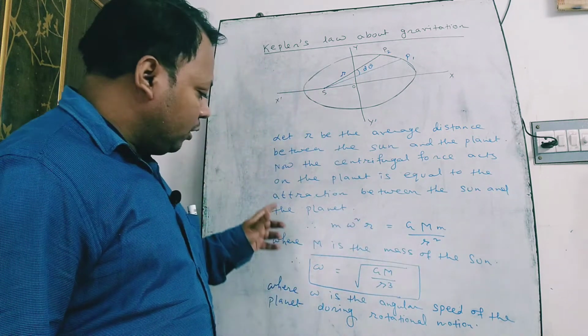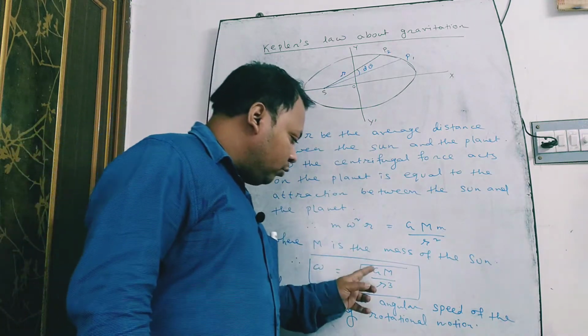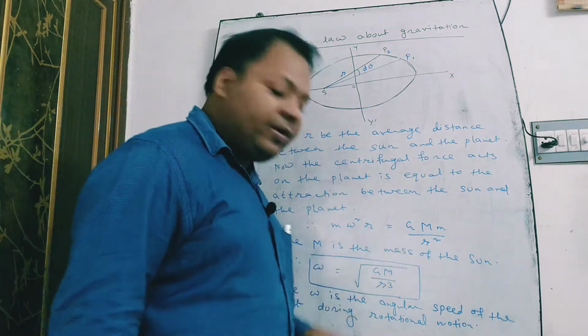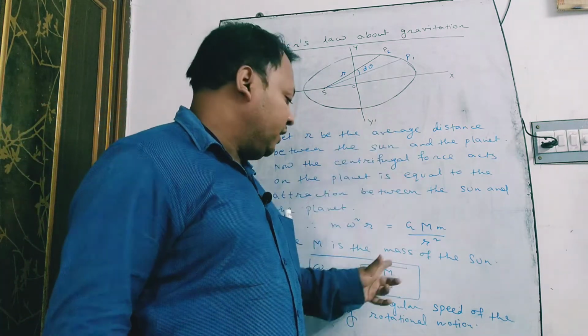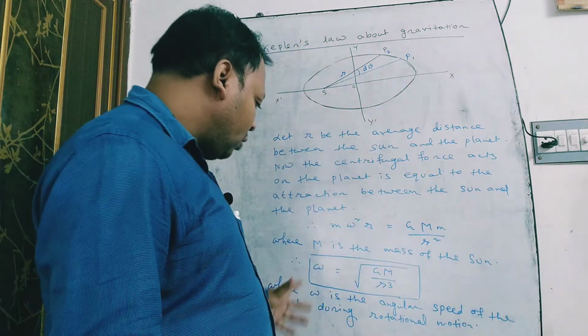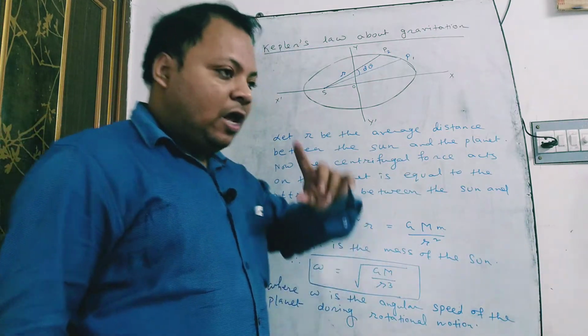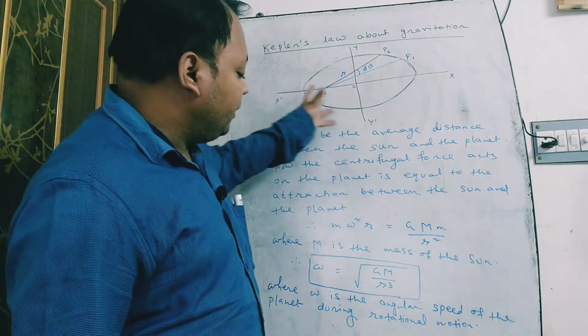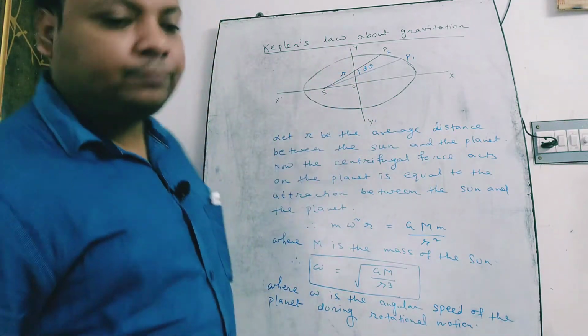This gives ω = √(GM/r³). Here M is the mass of the sun and G is the universal gravitational constant, where ω is the angular speed of the planet during its rotational motion.